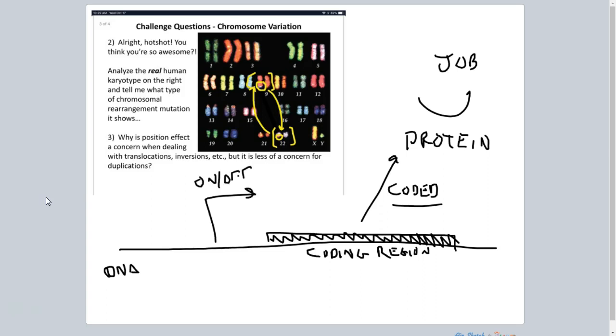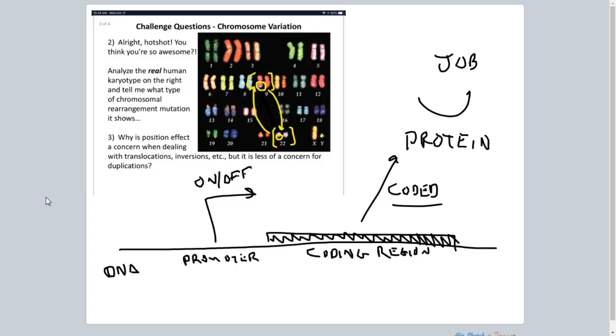Some genes are needed all the time, some genes are needed hardly at all, some genes are needed in the face of a stress or a challenge, other genes are needed at certain points in development or in your lifetime. So genes need to be controlled or regulated, so they need an on-off switch, and we typically refer to that on-off switch of genes as a promoter.